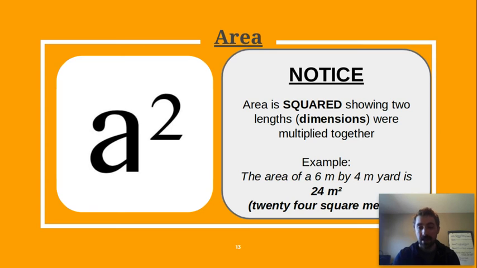Another example here is the area of a 6 meter by 4 meter yard is 24 meters squared, or 24 square meters. We didn't have that with the perimeter, because we're not multiplying those dimensions together. It's one dimension. We are just adding up the perimeter outside.